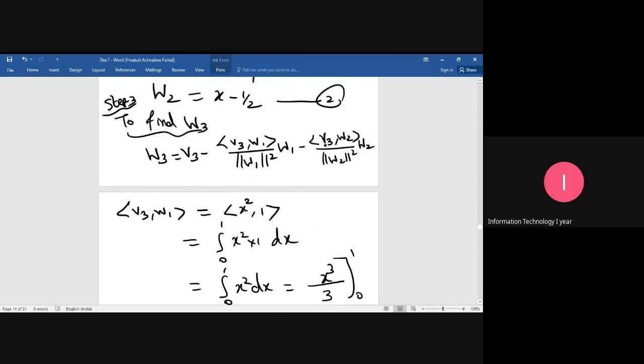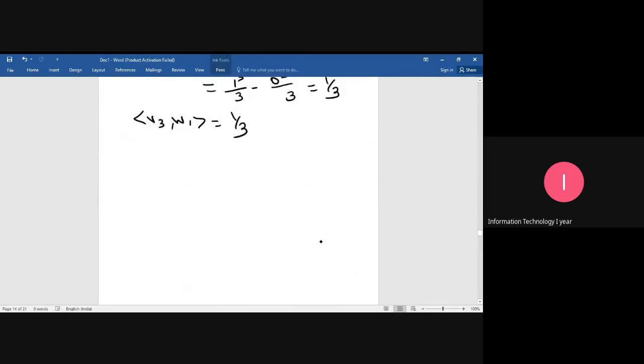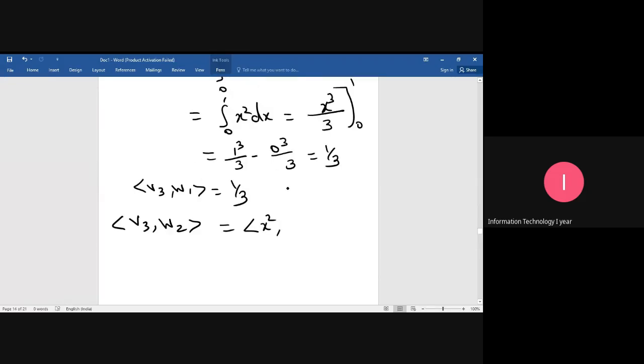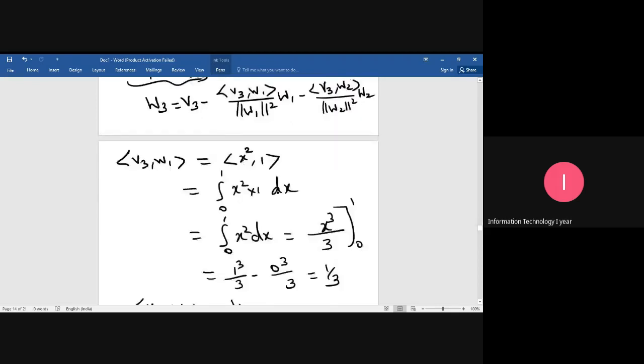Now we need to calculate the inner product of V3 comma W2. V3 is x square, and W2 from the second equation is x minus 1 by 2.